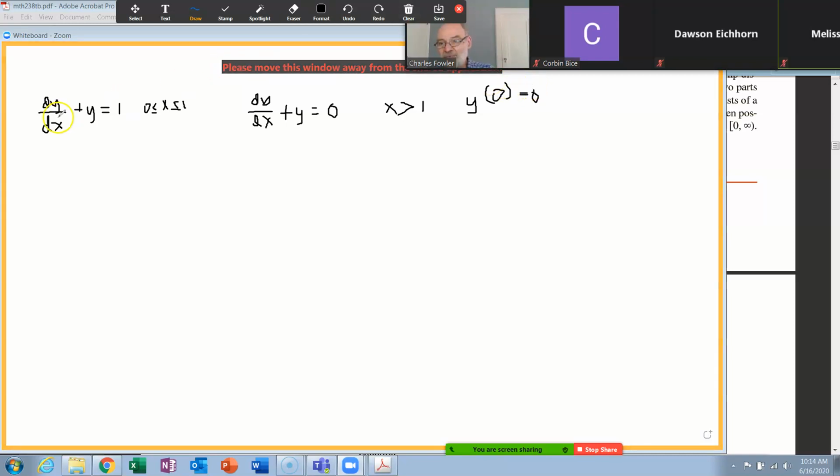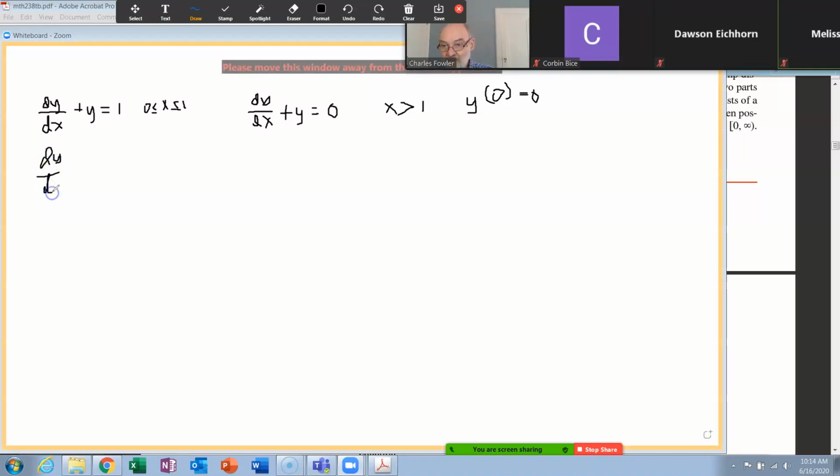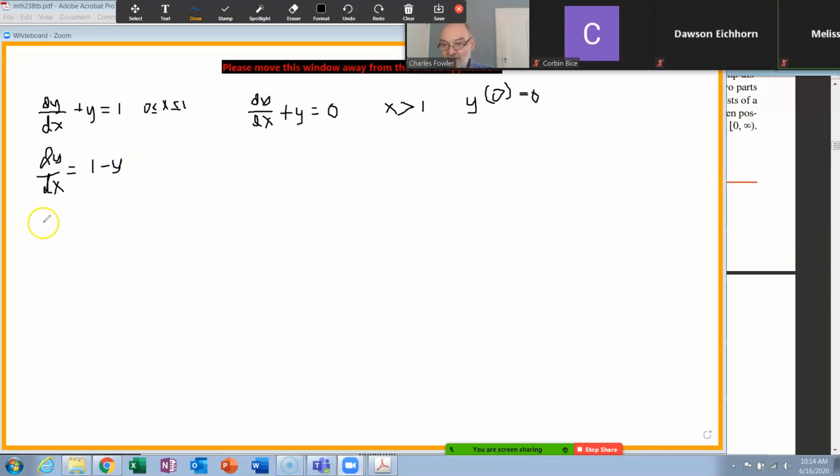So what we're going to do with the first one here is do dy/dx is equal to 1 minus y. Okay? And then I'll rewrite this as dy over 1 minus y is equal to dx, doing two things at once.